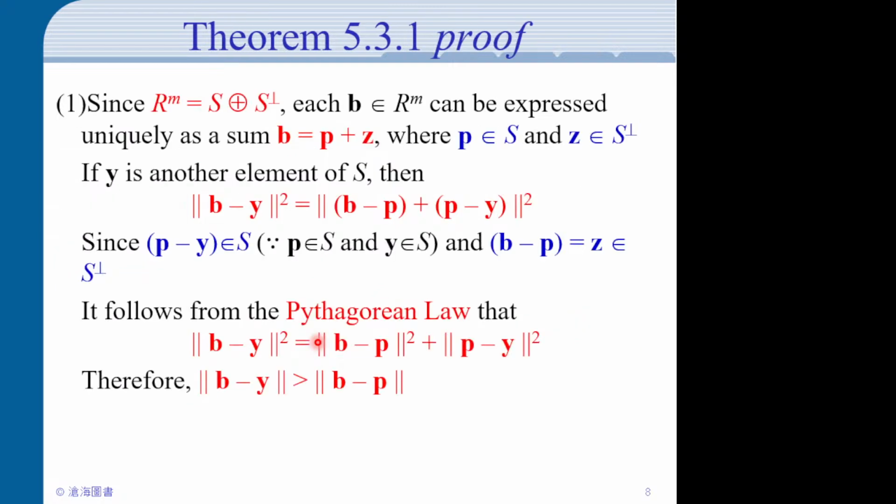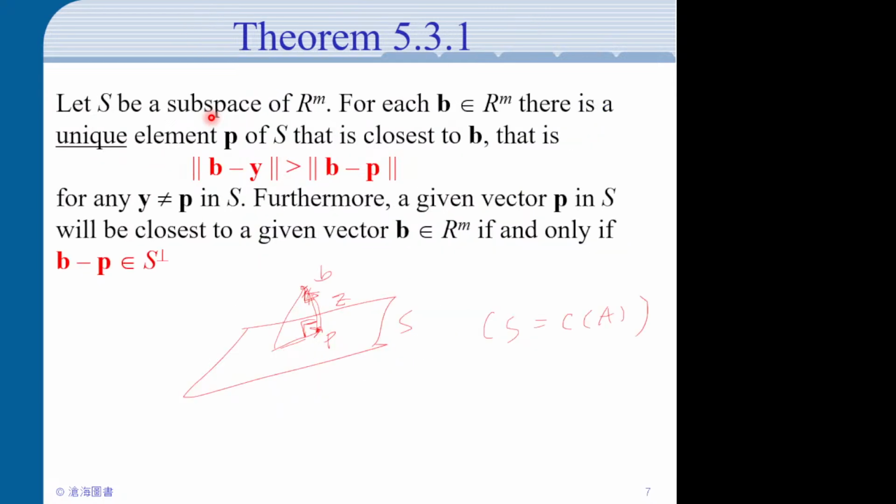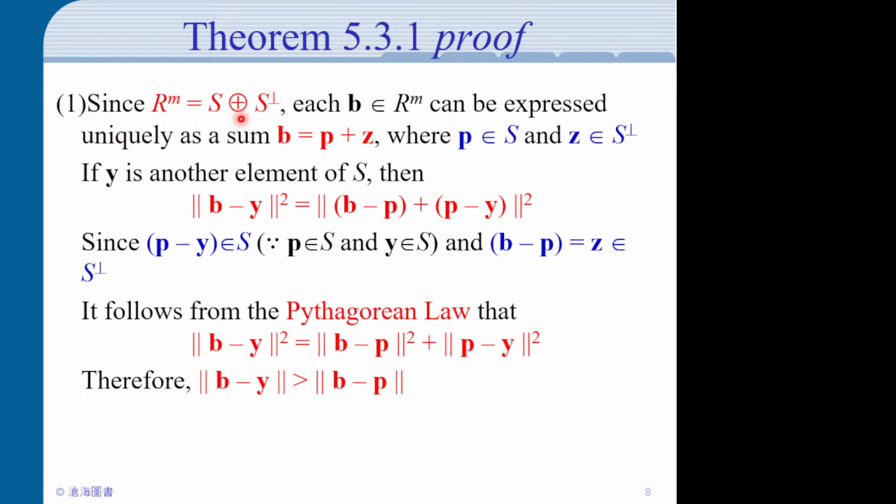But let's write down our equation. We now use the thing we talked about last class. If we have S, then we can always find S complement, and we know that Rm can be written as the direct sum of S and S complement.